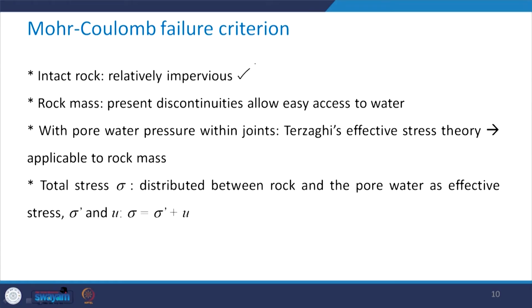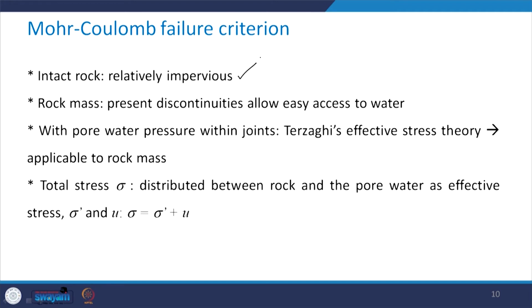As far as intact rocks are concerned, these are relatively impervious. We had the discussion on this aspect as well, that because of the absence of any kind of discontinuities in the intact rock, these are relatively impervious.